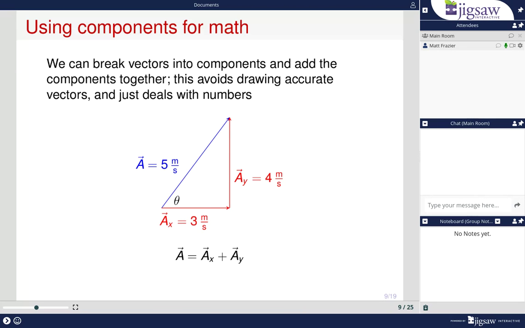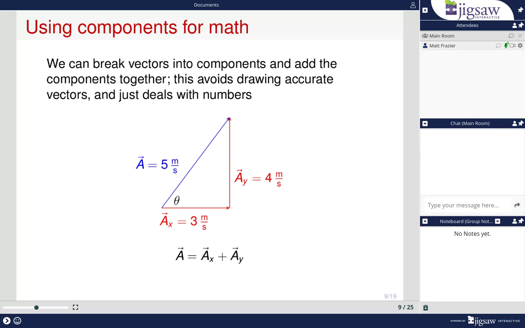So we'll also go on and talk about components and doing math with those. I talked about this a little bit before in the previous slides. You can break a vector into two components. One will go in the x direction for us, and one will go in the y direction. And so you can break a vector into any pair of vectors that add up to it.